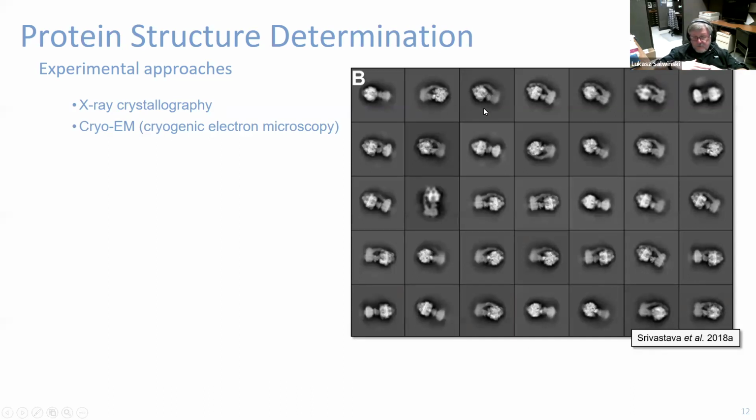Those 2D classes each correspond to a view of your complex from a different side. You can imagine that you're taking a picture of a person while walking around, taking pictures from different directions, and then in principle you can take those images and put them together to build a model that, if you rotate it in the correct orientation, will best return the photographs you took.